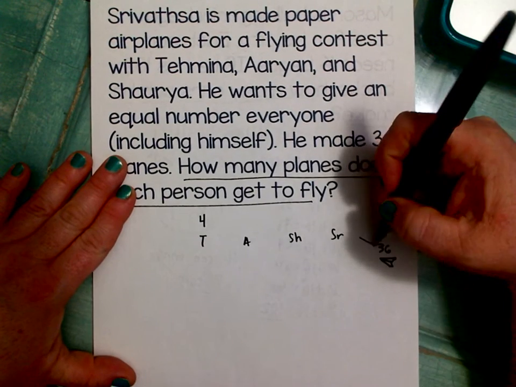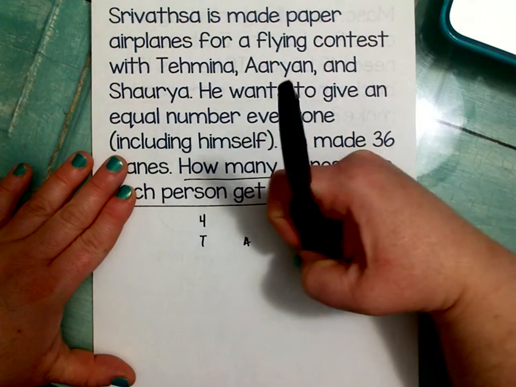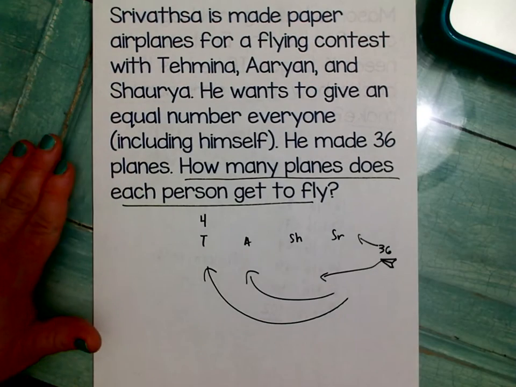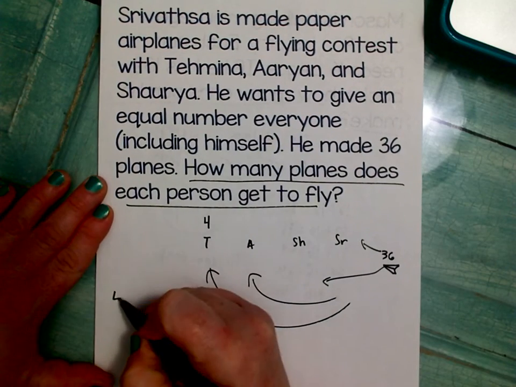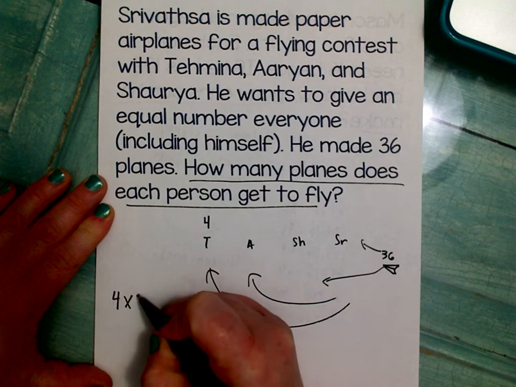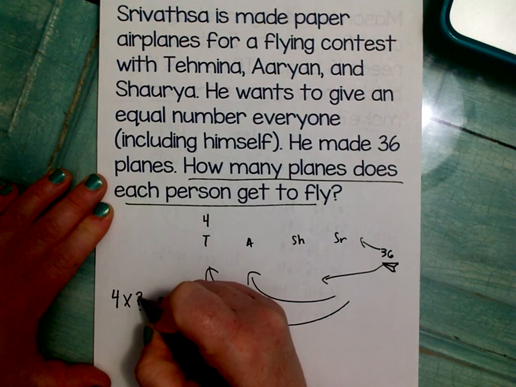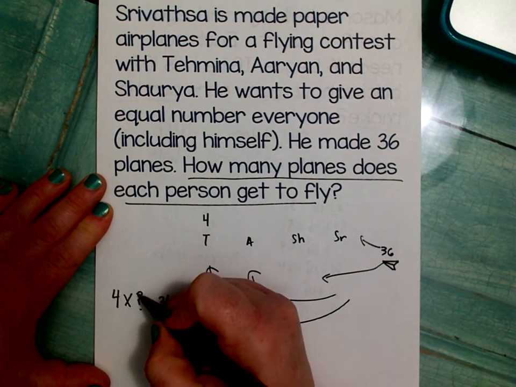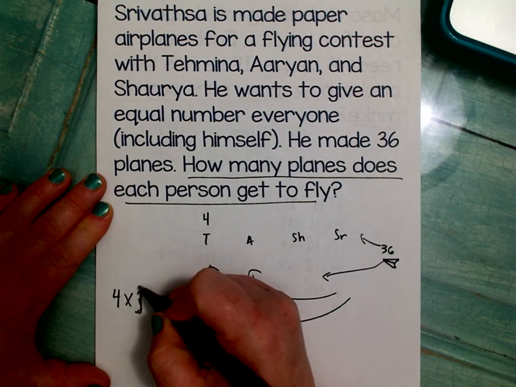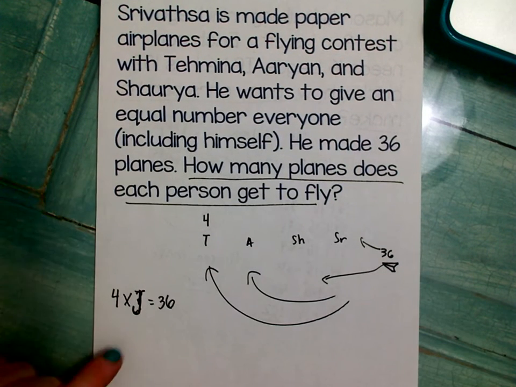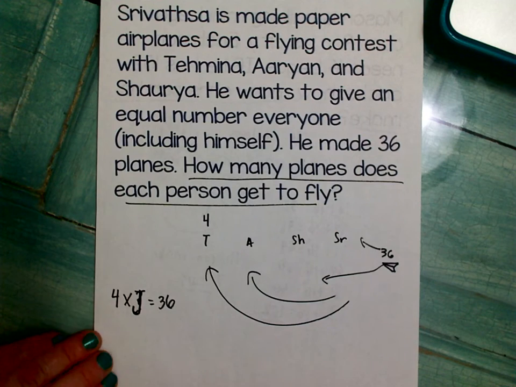And so each of them has to get the same amount, right? So if each of them are getting the same amount, the equation that I have envisioned looks something like this. 4 times something. Let's turn it into a J. 4 times J equals 36.